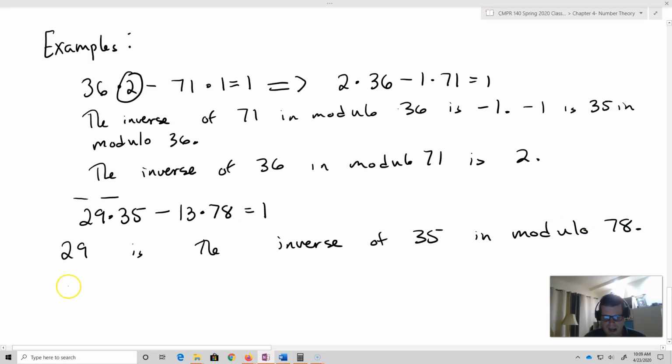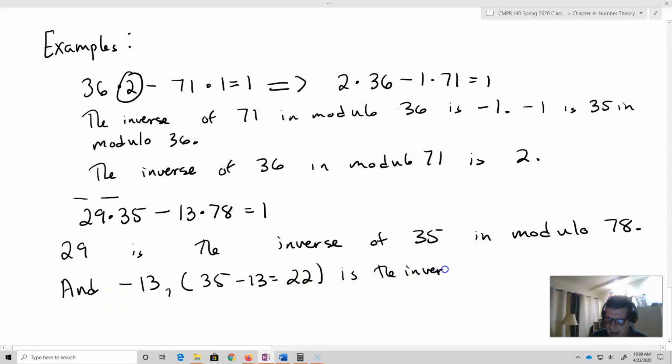And negative 13, which is 35 minus 13, which equals 22, so 22 or negative 13, whichever one you want to choose, is the inverse of 78 in modulo 35. And there it is. Both of them have inverses.